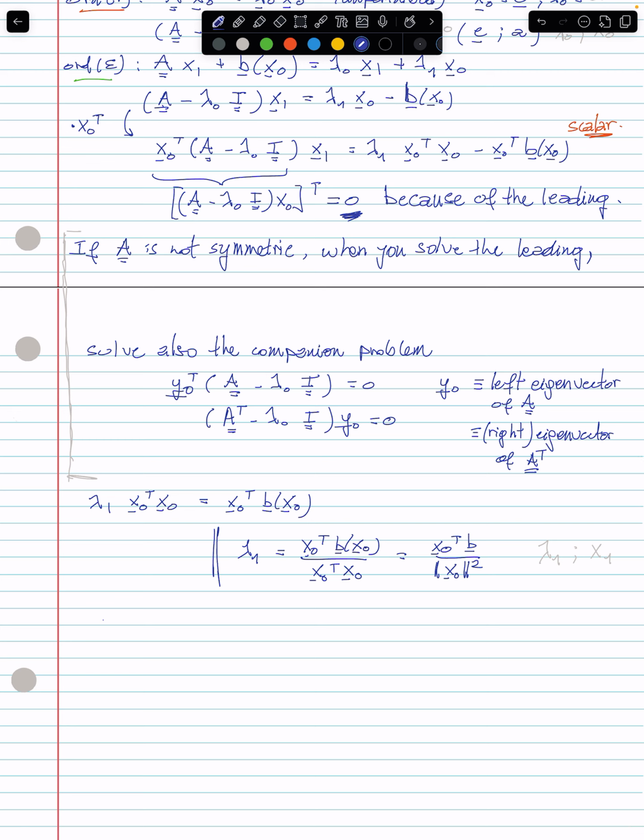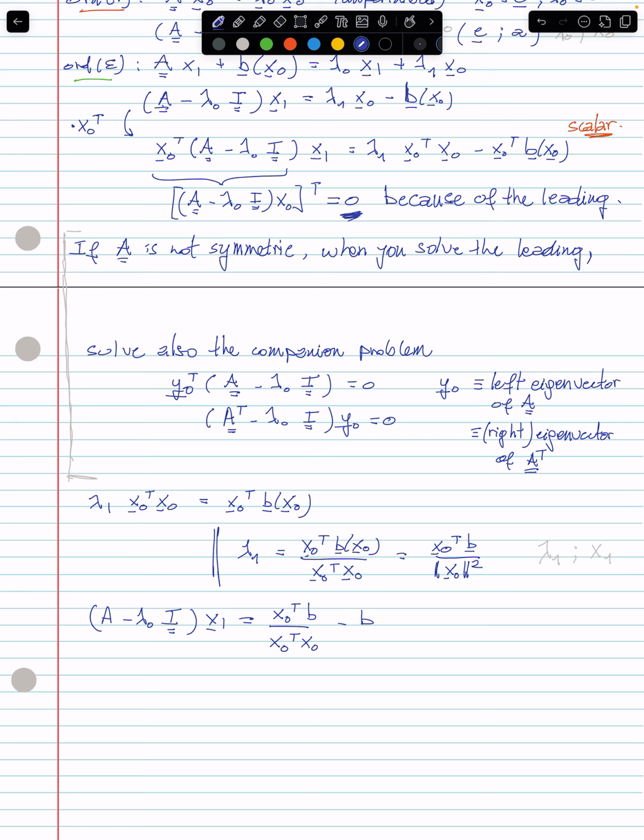So we return to the original equation, and now we know lambda 1, we can replace it in the problem. So we have A minus lambda 0 I multiplied by x1 is equal to lambda 1, which is now known, x0 transposed b over x0 transposed x0, minus b.